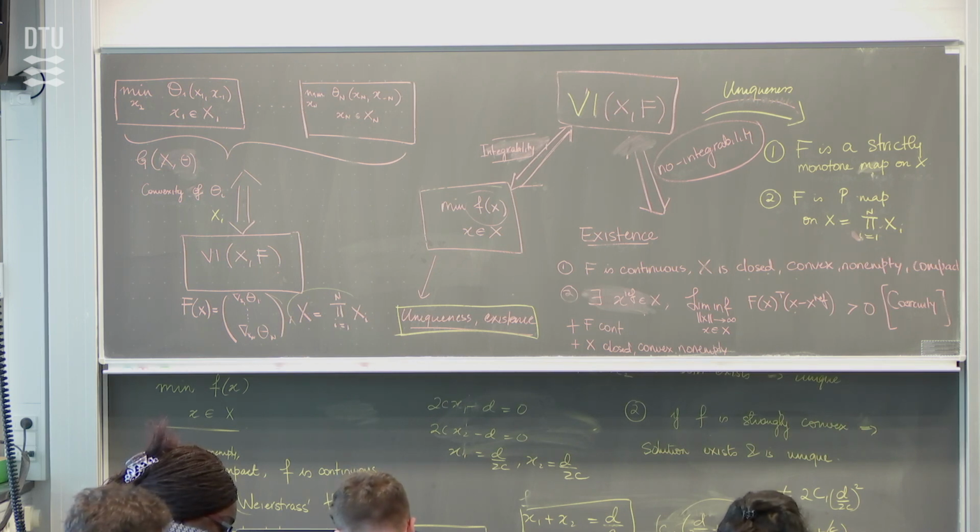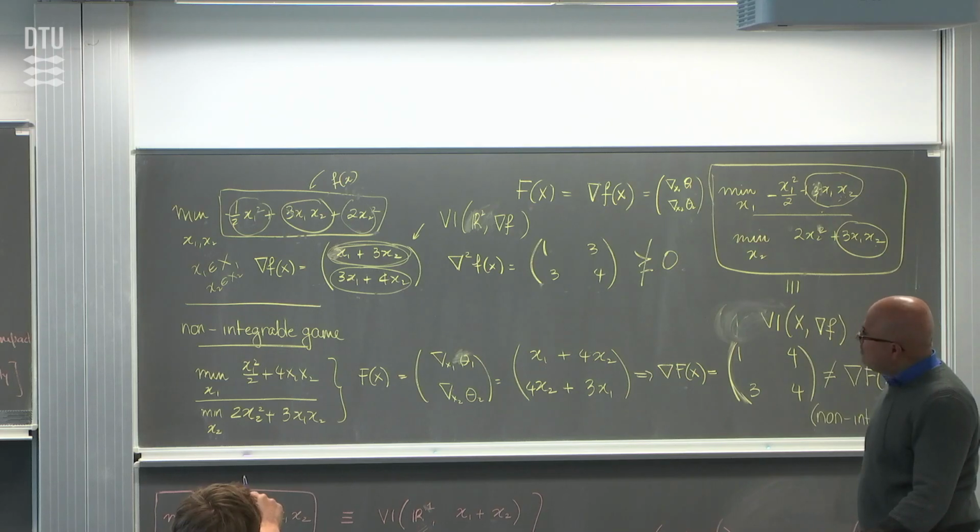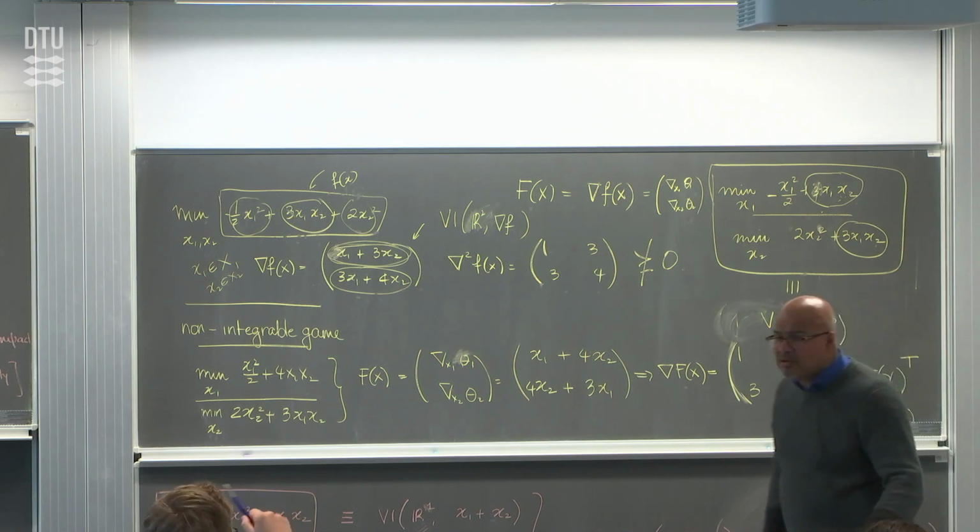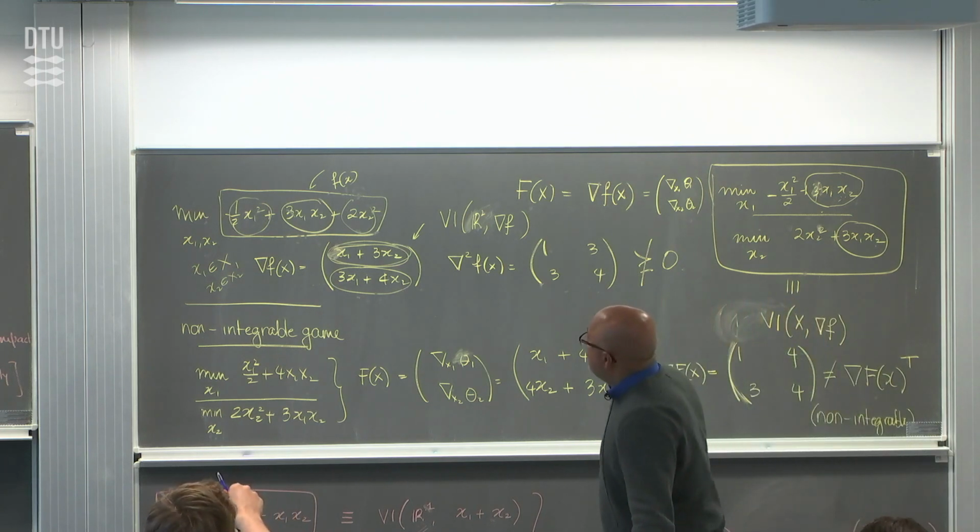Anything else? Yes, Anu? I'm not sure if it's true for that case or not. Maybe this is a quadratic function that has a saddle point, a stationary point. It's a saddle point and not a minimizer.